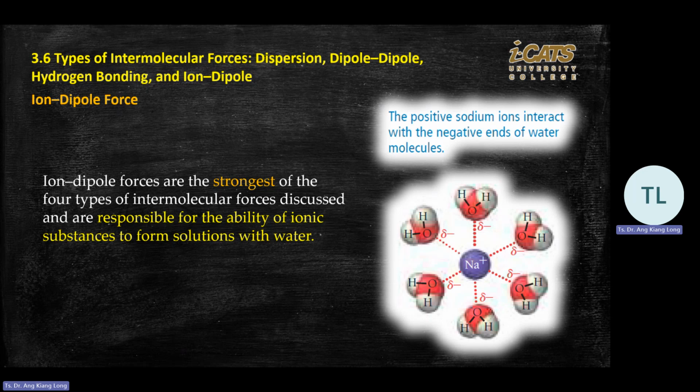We only look at 4 types: dispersion, dipole, hydrogen bond, and ion dipole. Once you can see it is a combination of ion, positive or negative charge, plus polar molecule, then it will form ion dipole.